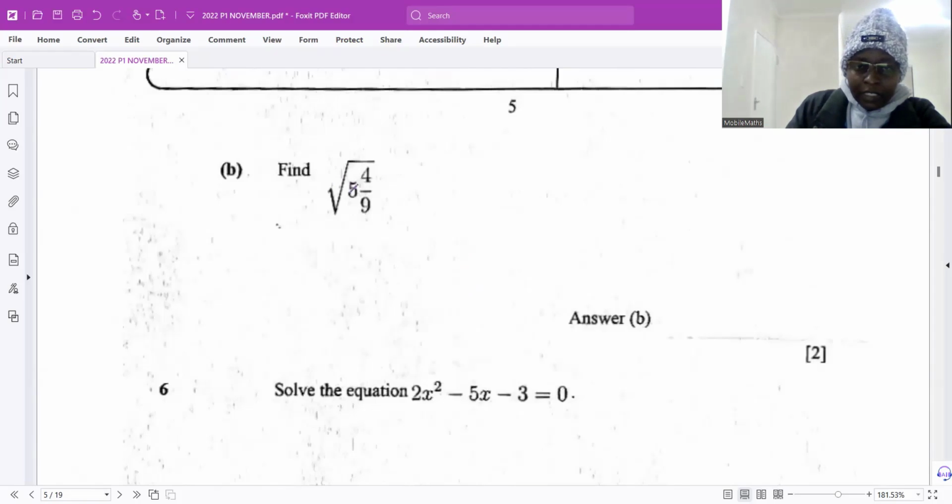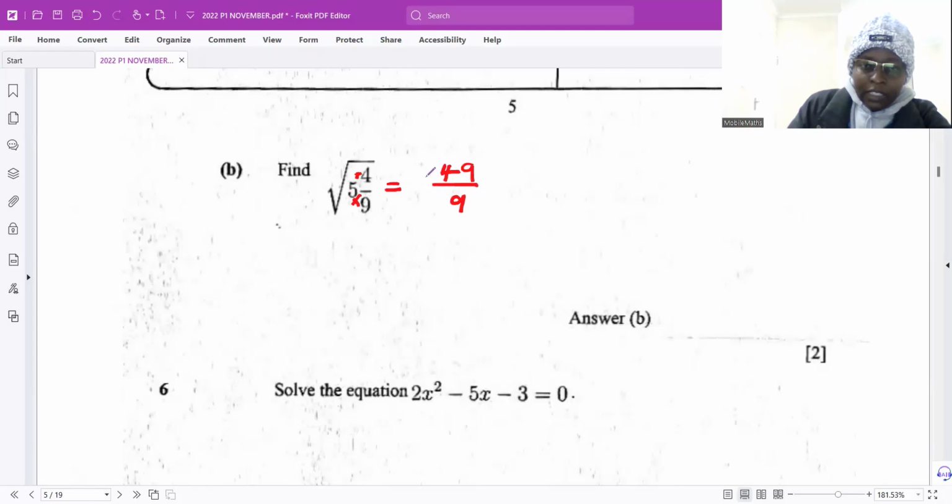Okay, find 5 and 4 over 5 over 9. We want to find the square root of that. So first of all, we deal with this part here and find its improper fraction. So we're going to multiply 5 times 9, then we add plus 4 there. So 5 times 9, we get 45. So plus 4, that would be 49 all over 9.